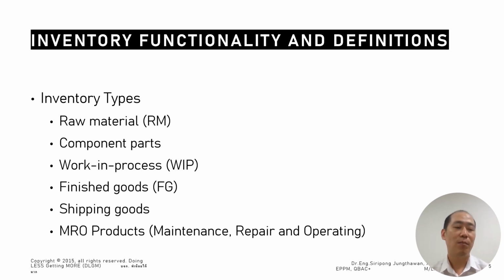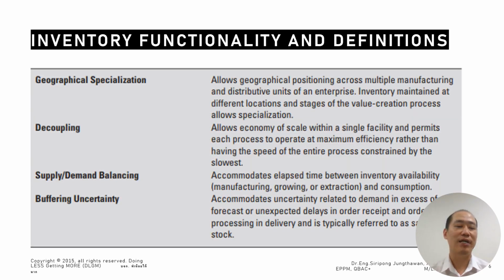And then when you operate on work in process and produce it to be finished good, and shipping goods, that means finished good packed in the package and ready for shipping to your customer. And the last, MRO: maintenance, repair, and operating. Those are the six inventory types.